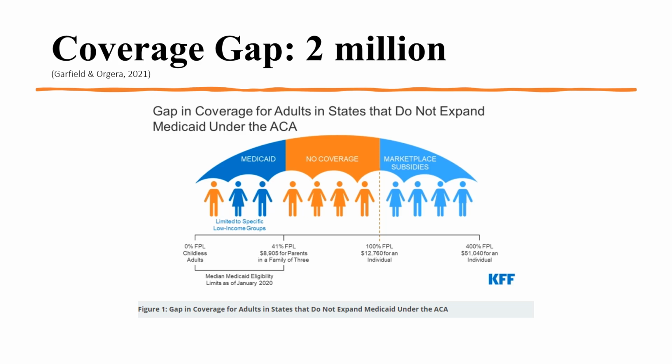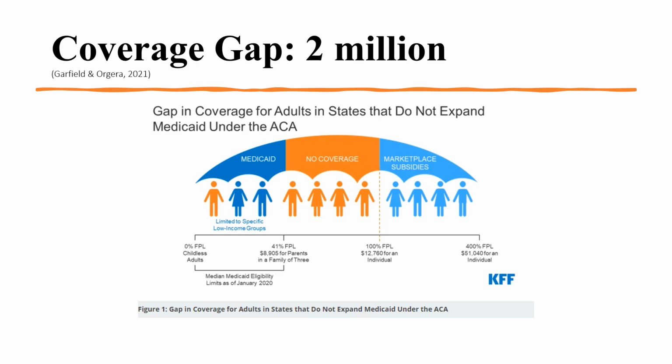So there were people below 41% of the federal poverty level who are eligible for Medicaid, but in order to be eligible for the marketplace, they would have to be at 100% of the federal poverty level or higher. So there is a group of people previously estimated at 2 million who have no option for coverage.